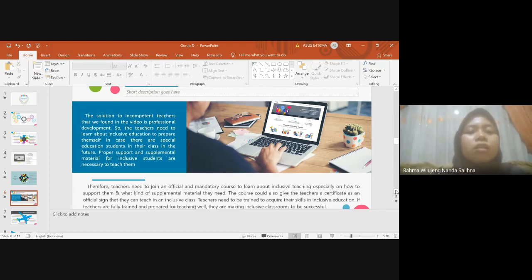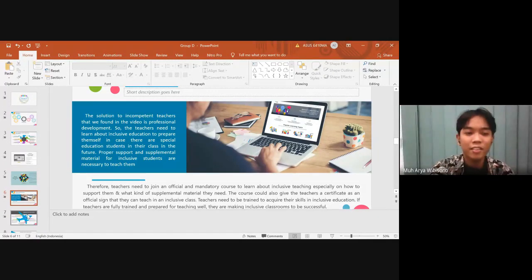The course could also give the teacher a certificate as an official sign that they can teach in an inclusive class. Teachers need to be trained to acquire their skills in inclusive education. If teachers are fully trained and prepared for teaching well, they are making the inclusive classroom successful.